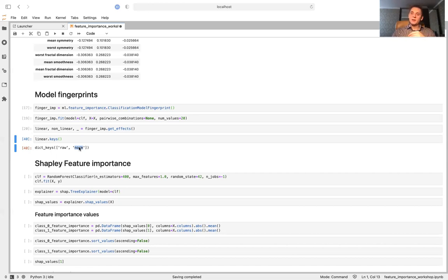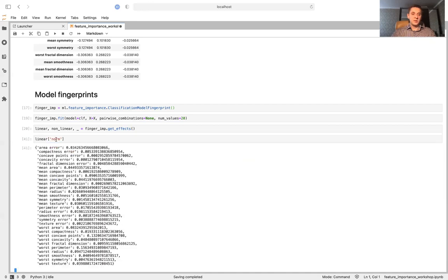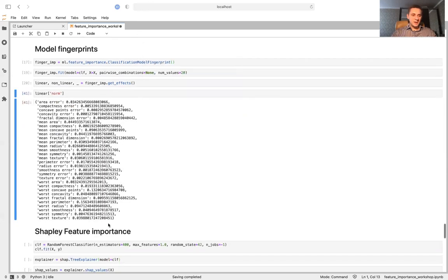You would rather want to understand which feature has the highest linear effect and highest nonlinear effect. So in MLFinLab, we have normalized our raw effects and put them into a normalized dictionary.